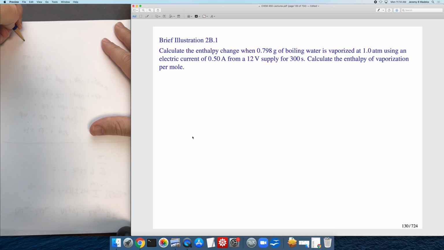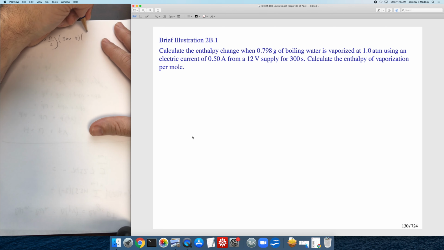So here we've got heat. It's going to be equal to the current, which is coulombs per second, times the number of seconds that it's being operated, 300 seconds, and then the voltage, 12 joules per coulomb.